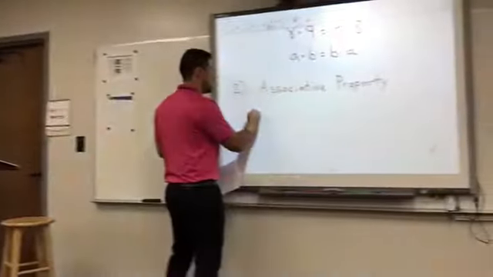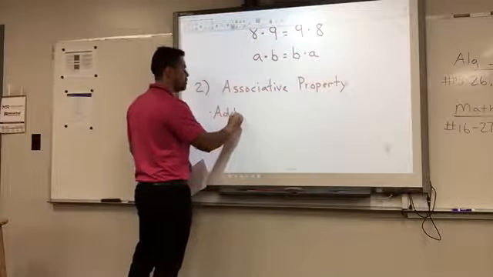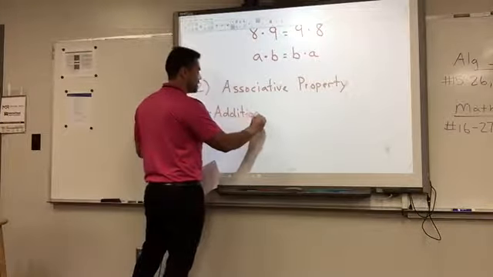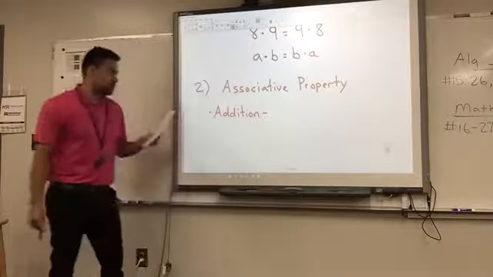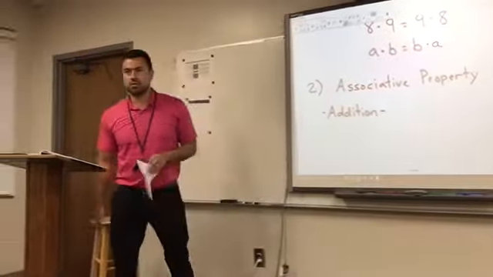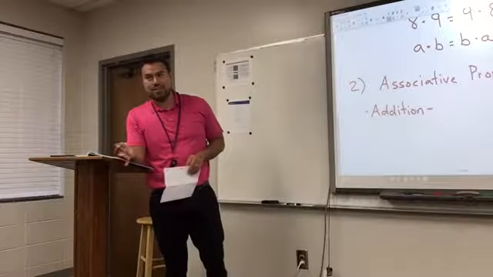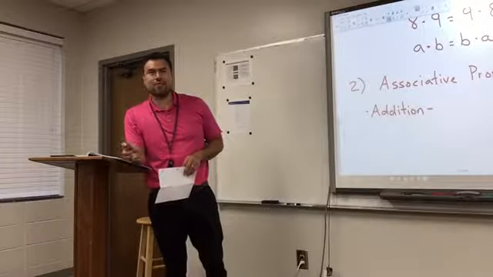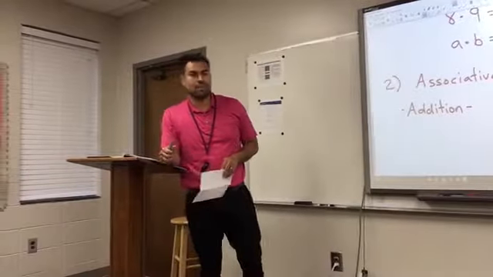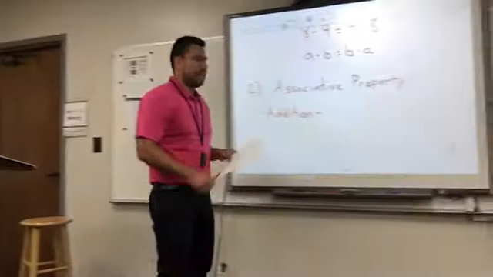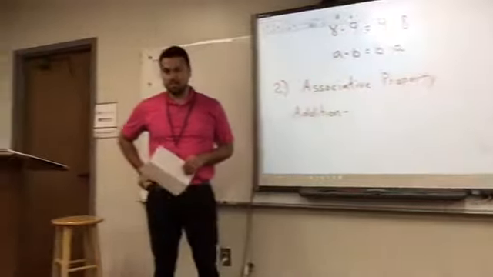And it's referring to addition and multiplication, and they're very similar. So does anyone know what that is? So some of you have heard it. Does anyone remember what that is? Okay, it's a tougher one to explain. Yep. Does it involve parentheses? Yes, it does involve parentheses.